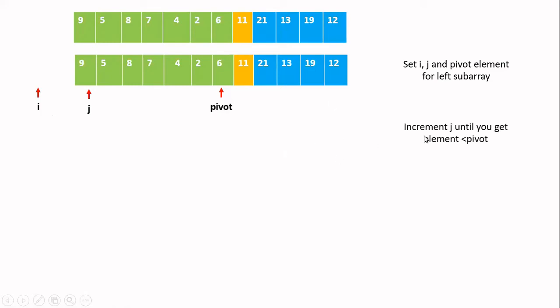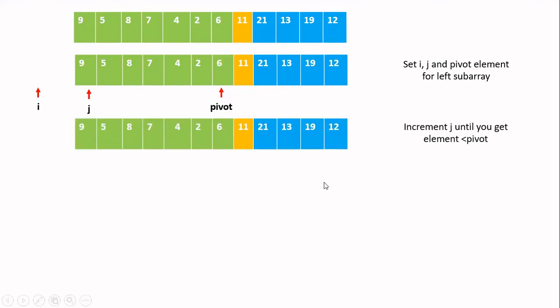You have to again increment j until you get an element which is less than the pivot element. So I am incrementing j to 5. 5 is now less than the pivot element. The pivot element is currently 6, not 11. So 5 is less than 6, and I have to stop incrementing j. Once you stop incrementing j, the next step is to increment i and swap a of i and a of j.